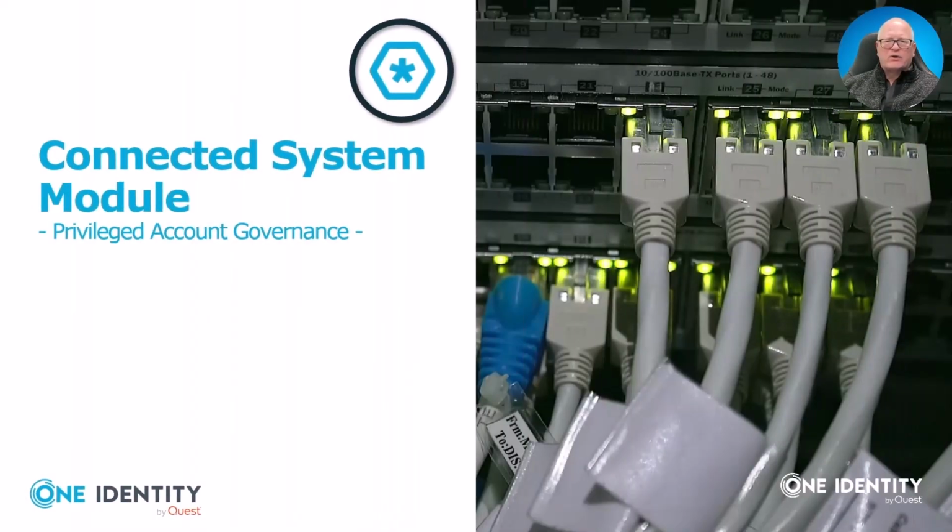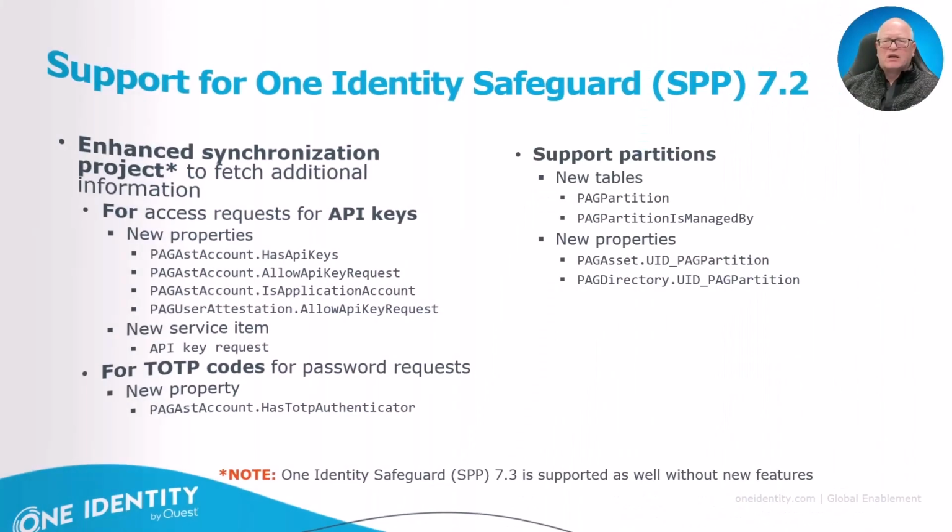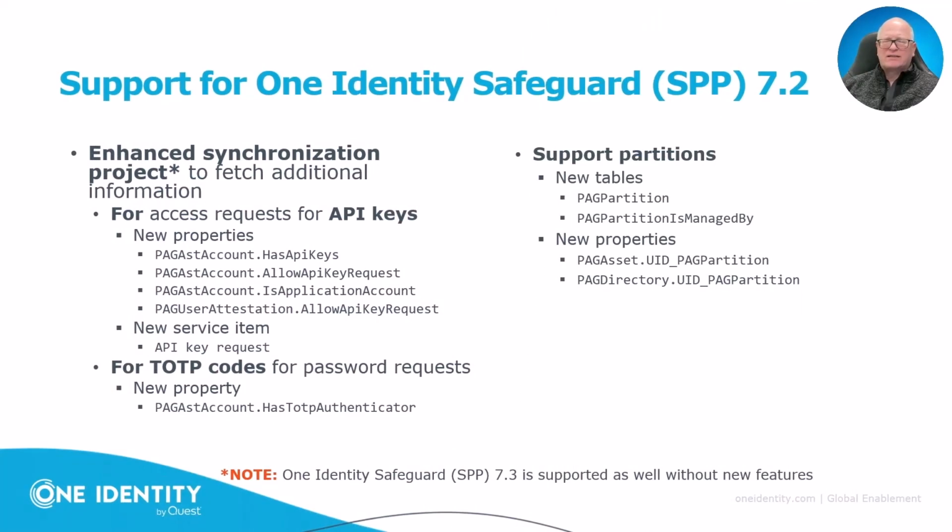Now let's talk about the connected system module privileged account governance, PAG. What is that exactly? Privileged account governance is the joint venture between PAM, that means privileged access management, and IGA. In our case, this is pretty often Identity Manager as the IGA tool and Safeguard as the PAM tool. If we look at that, there are some extensions as well. We start with the version.